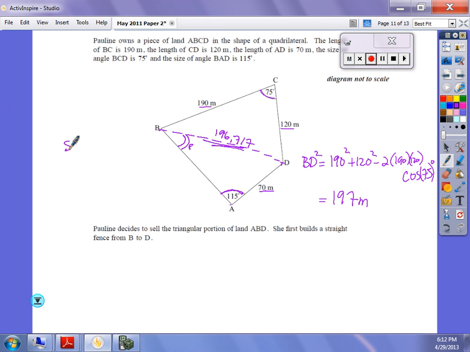So I know that the sine of angle ABD, and I can't call that angle B because there's 3 angles there that could be B, over 70, the side opposite, is equal to the sine of 115 degrees over 196.717. When I do that calculation, I get 18.81. I got some more digits after that, and I'm going to round that to 18.8 degrees.